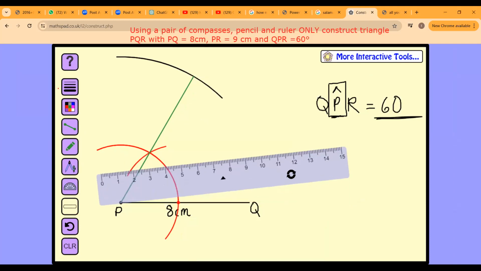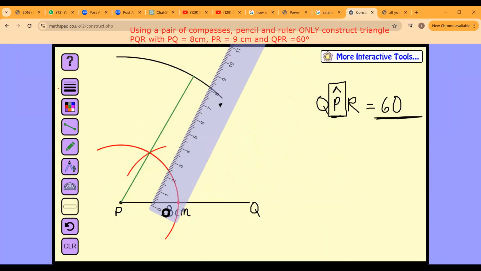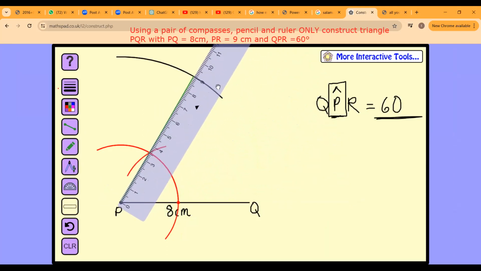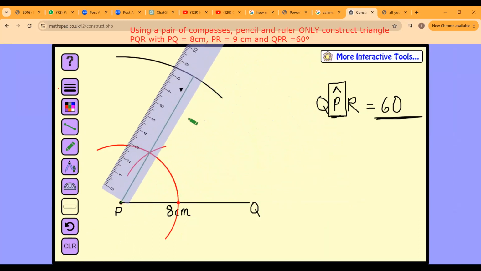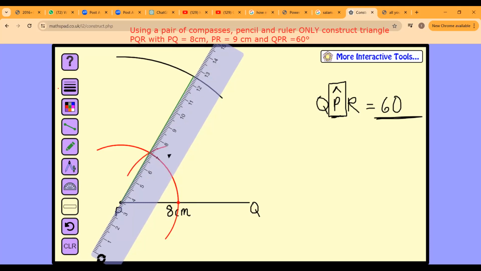So we're going to check if it's 9 centimeters to make sure that we are right. If it's not 9 centimeters, then we have to do it over. So if you look carefully, let's go up.